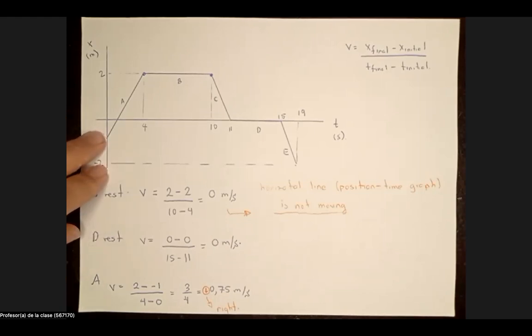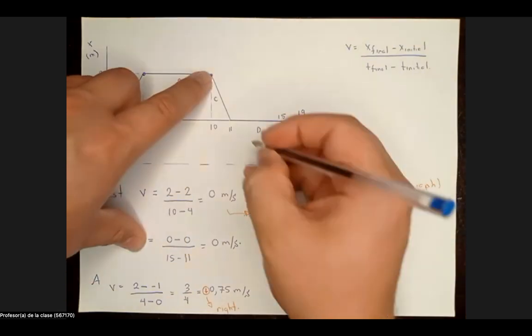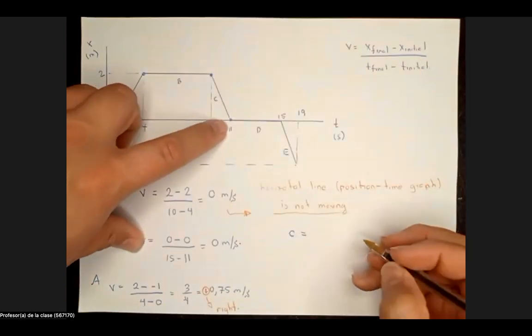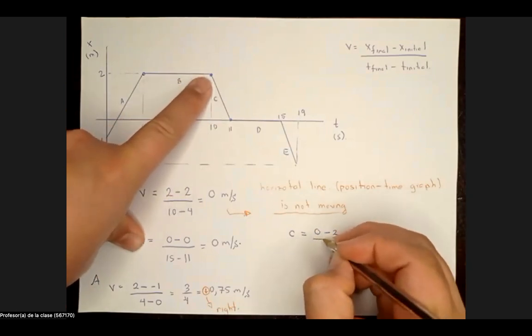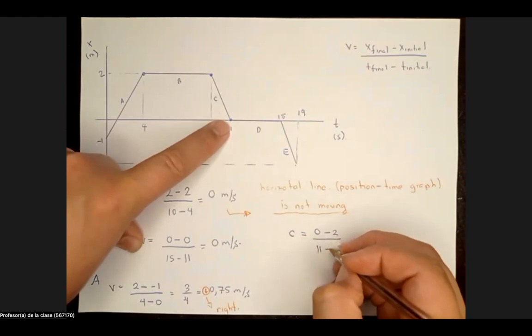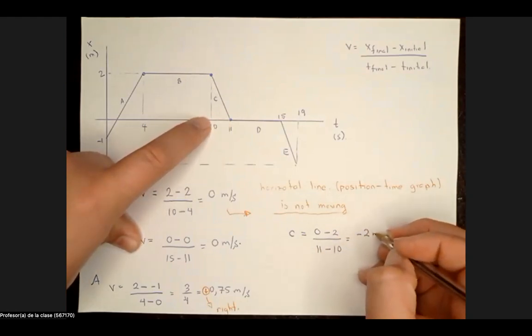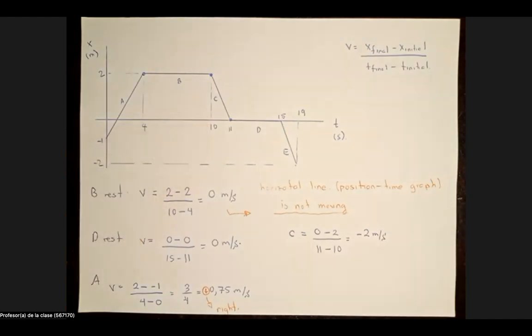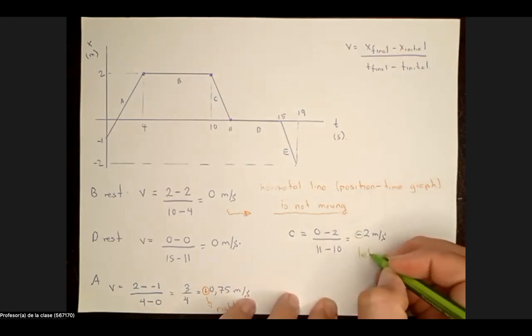Okay, so if we calculate C, for example, C is from this point to that one. Final position 0, initial position 2, final time 11, initial time 10. So that will be -2 meters per second. That minus will represent not right, left.